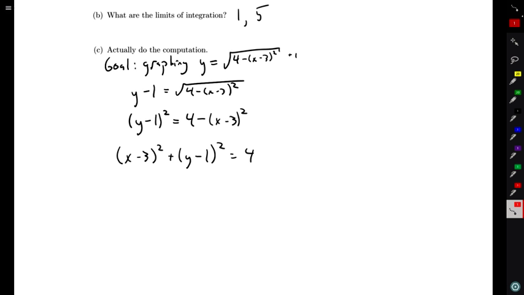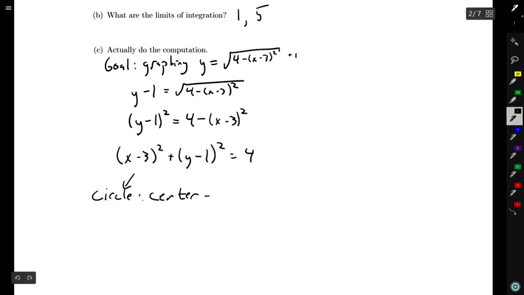And in fact, we do have the equation of a circle, and we need to remember our 112 background, which tells us exactly that this is a transformation of a circle, and that this minus 3 and this minus 1 here are telling us what the center of that circle is. So we're going to get this information here that this is a circle with center at the point (3, 1).